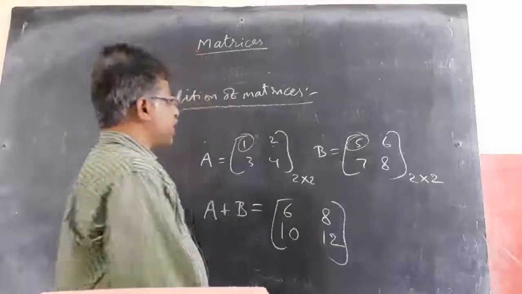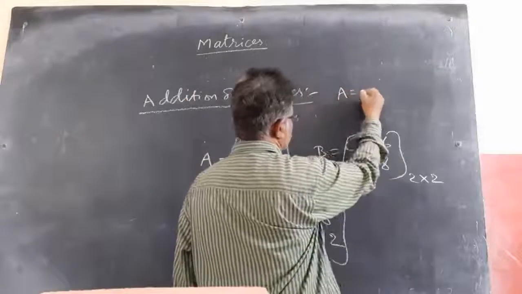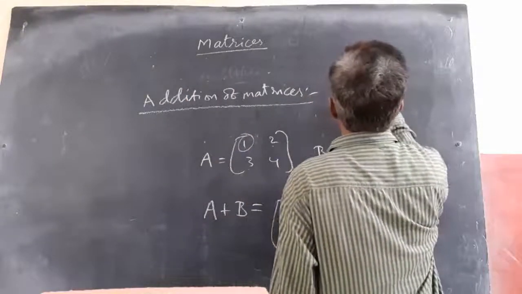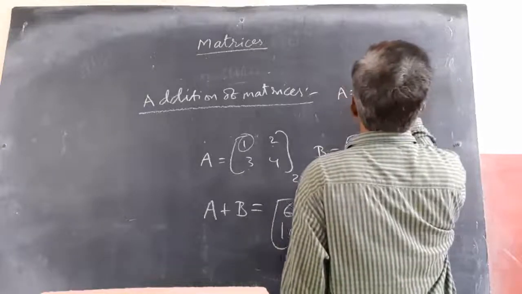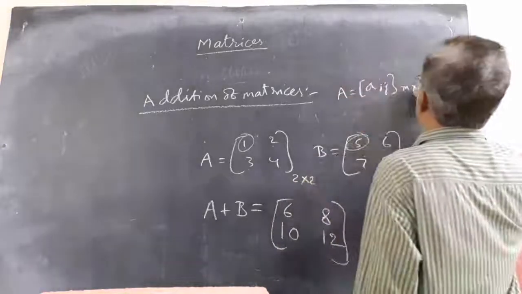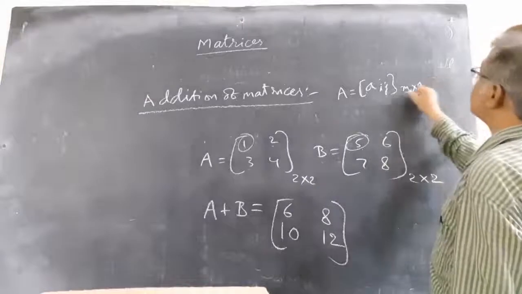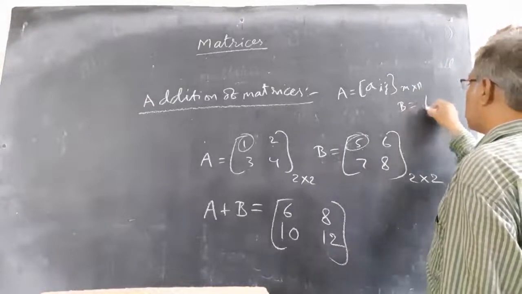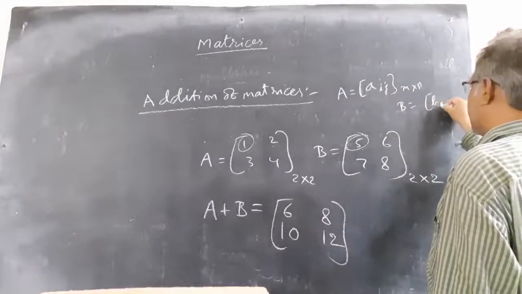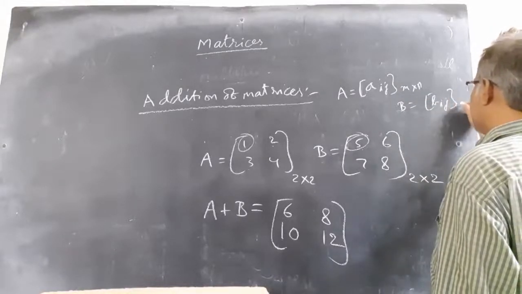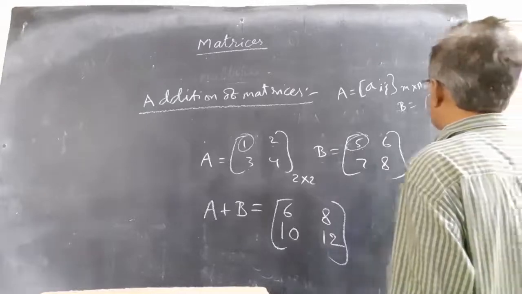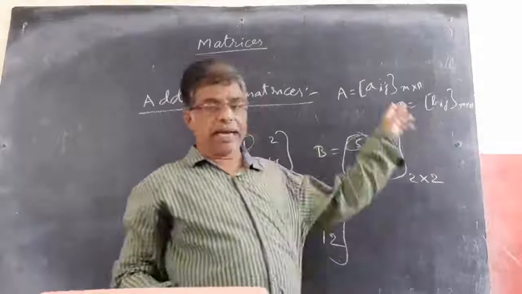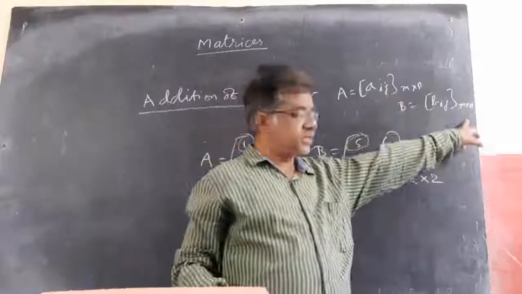In matrix representation, if A equals Aij, a matrix of size M by N, meaning M rows and N columns, and B equals a matrix of size M by N, with Bij as the elements, then matrix addition is possible only if both are of the same order.